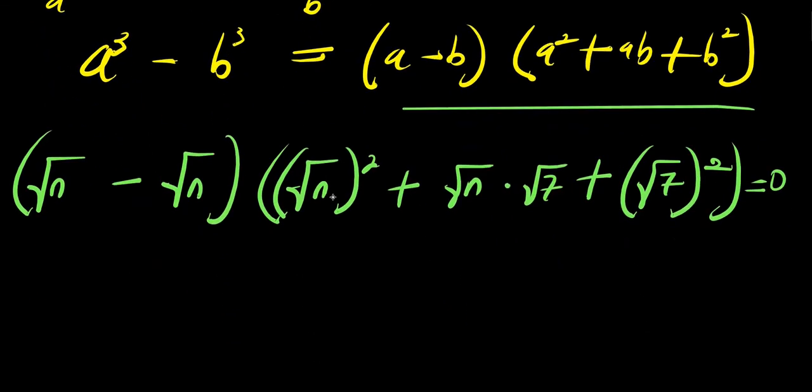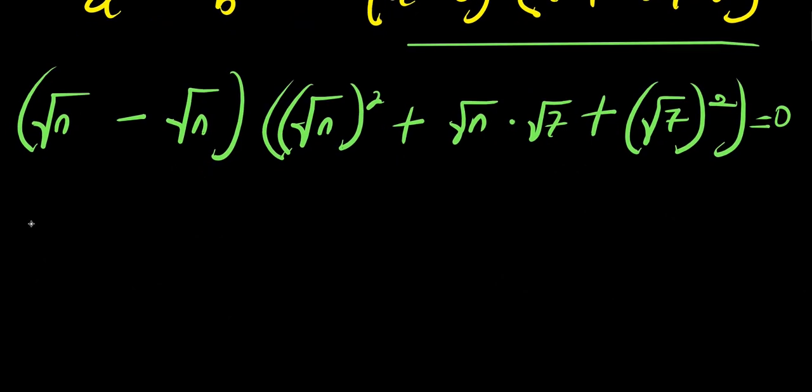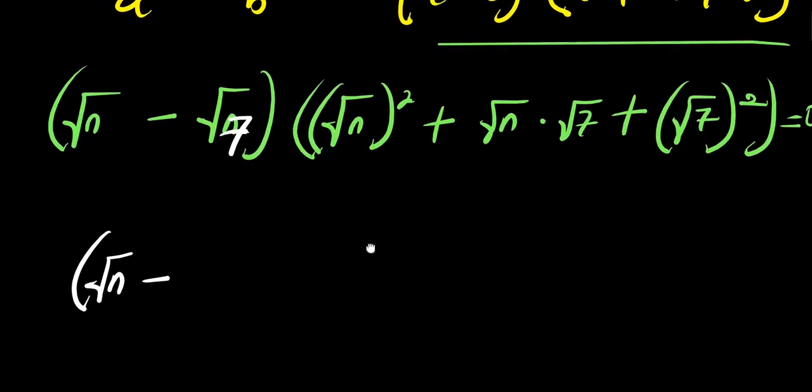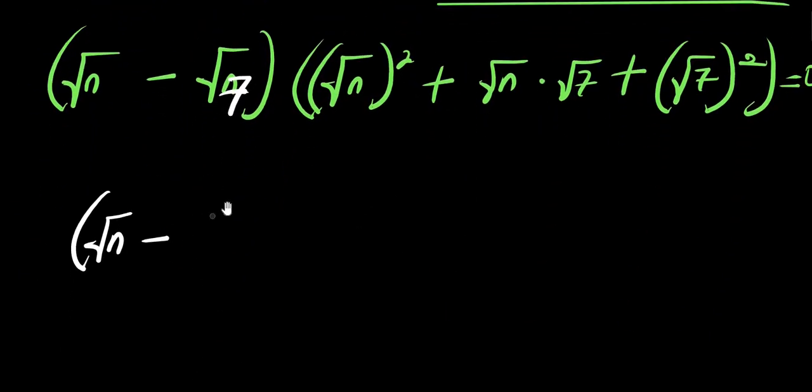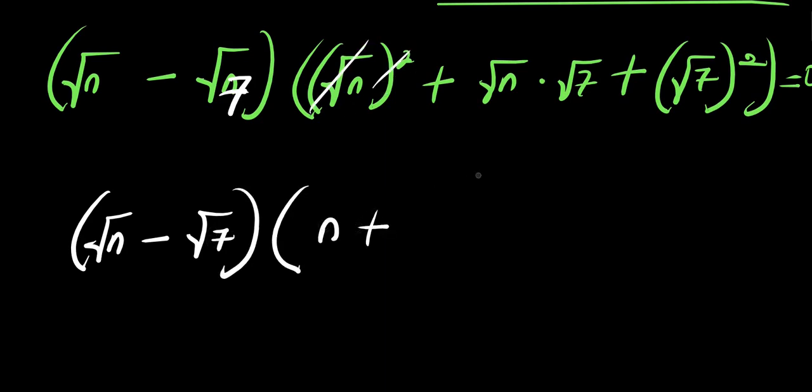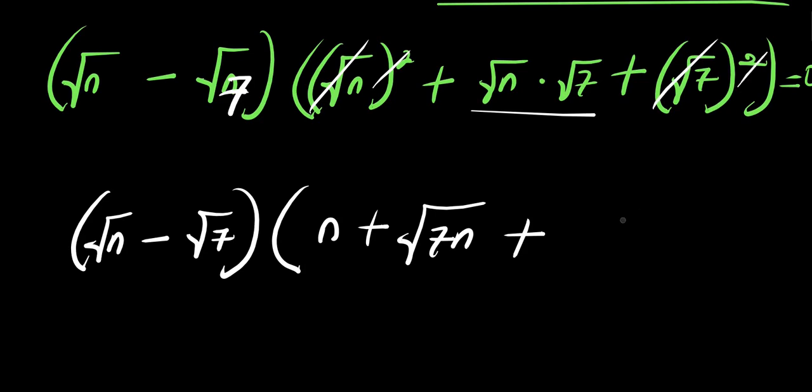So from here, we have root n minus root 7, don't forget that our b is root 7, times this cancel this, we have n plus, this will give us root 7n, plus this cancel this, we have 7, and this equals 0.